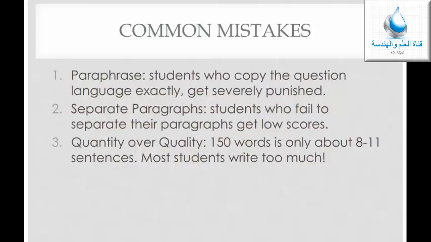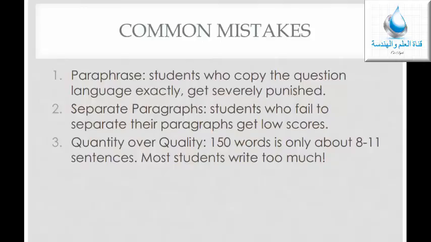You have to paraphrase. So one common mistake students make is they don't paraphrase. Another common mistake is they don't have separate paragraphs. They write one big paragraph and throw everything in there. Okay, that shows a lack of organization and a lack of how to properly form a report or essay.